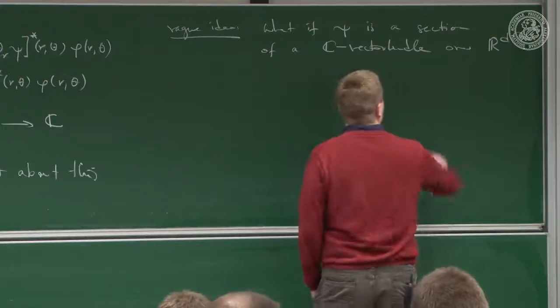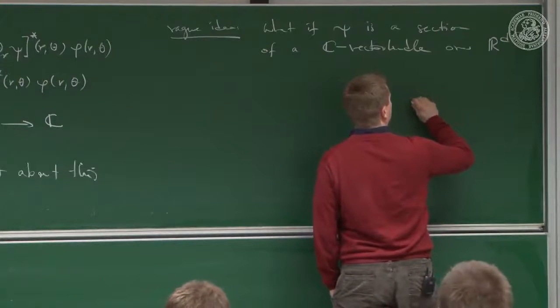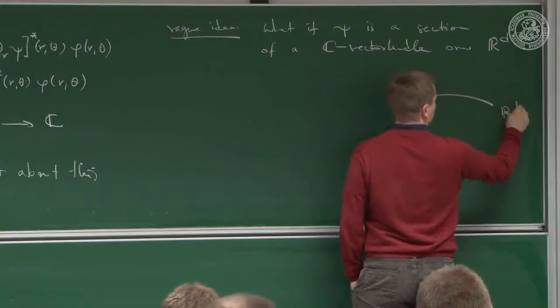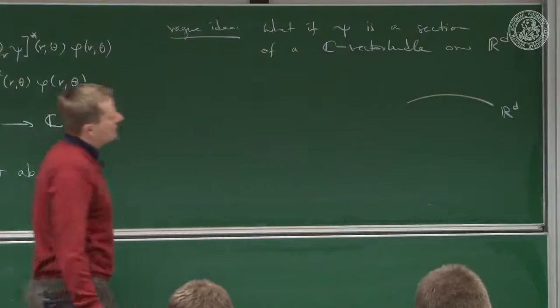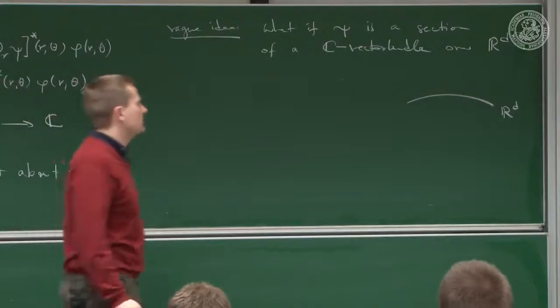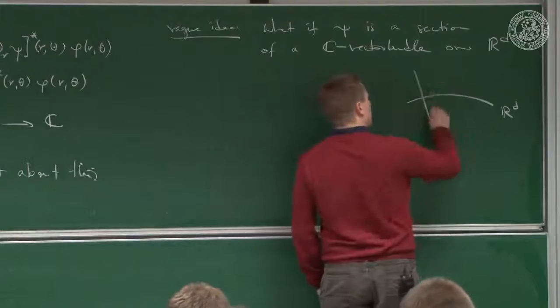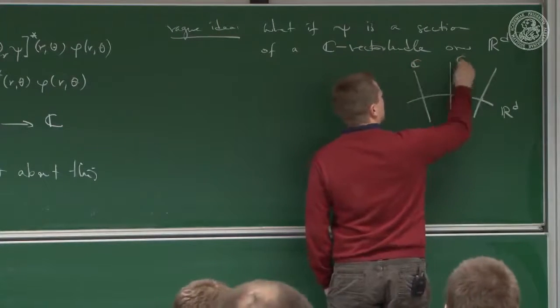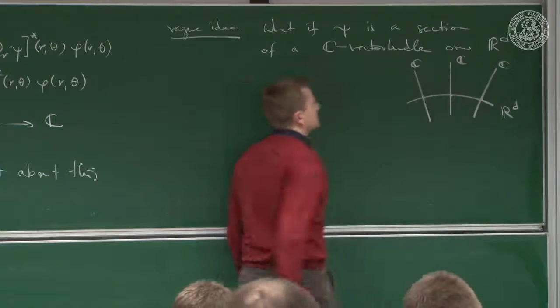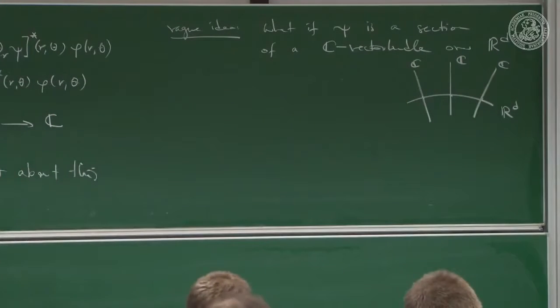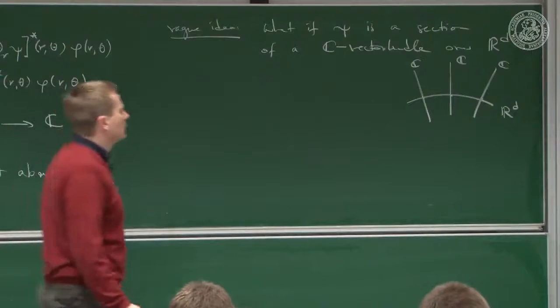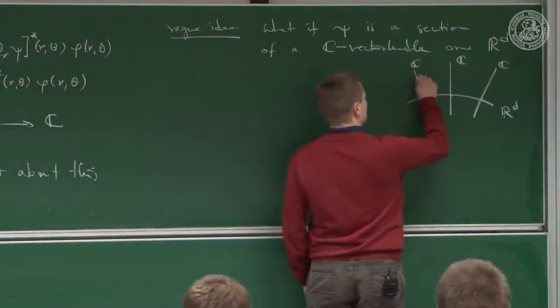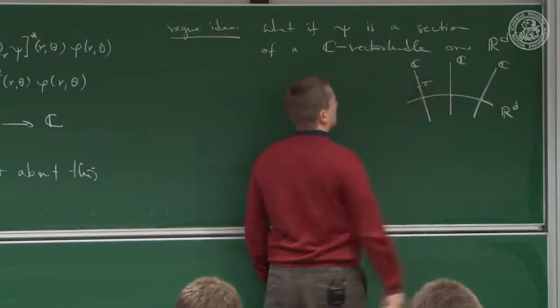So the idea would be that if this is R^D, which I just draw in one dimension, of course you can also do this in one dimension, then at every point I could attach a fiber, which is the vector space C. It's a vector bundle with suitable bundle projection and the whole shebang, right?